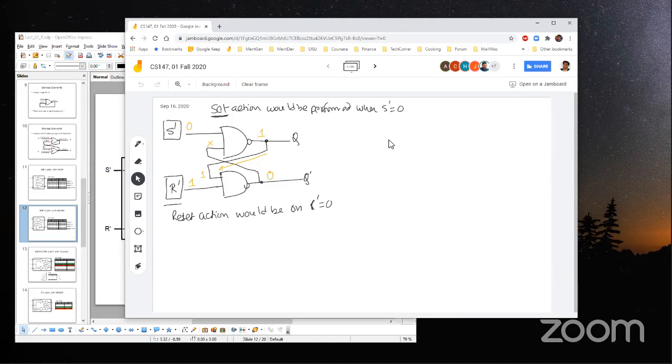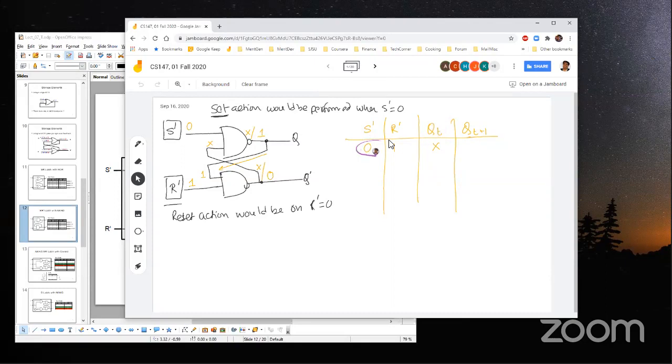So with SBar and RBar at 0 and 1, no matter what the output was at the previous point of time, we don't know. That's what the Qt and Qt plus 1 tell you: Qt is my current state or current value of the logic when this 0 and 1 was applied.